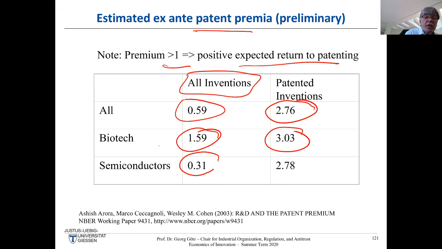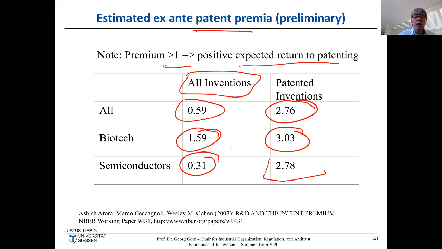It's surprising that many of the semiconductor inventions have in a sense a negative return, because you get only back 31 cents per euro spent, because here it's mostly perhaps production processes where it's much better to just keep secret how you work it.